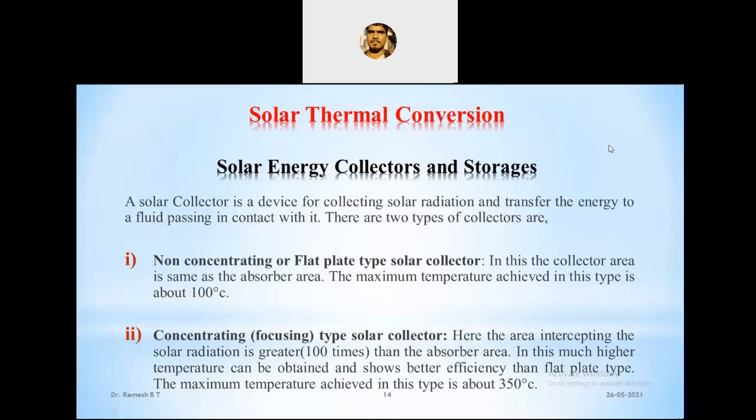We need one absorber: the sun emits the solar energy and it reaches the earth, but we need an absorber, meaning the collector. This absorber is an essential component for both concentrating and non-concentrating types.